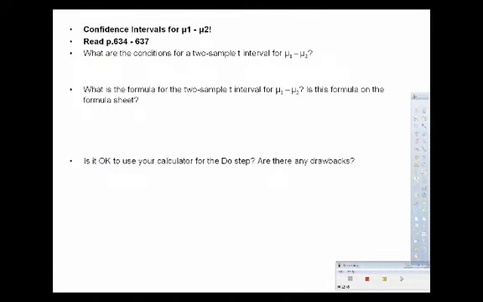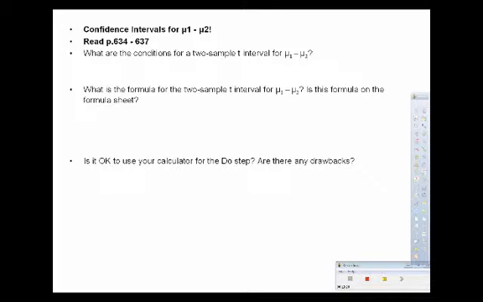What are the conditions of a two-sample t interval for mu1 minus mu2? As usual, it's random, normal, and independent. And we do have to check and make sure you check for both of those.